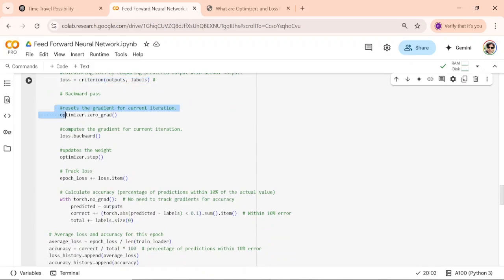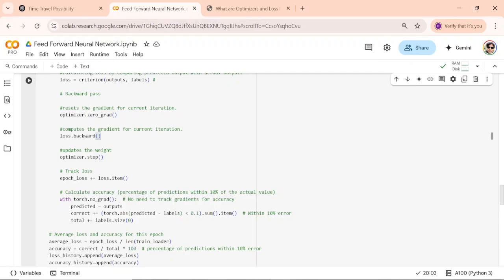And the third step comes, optimizer.zero_grad. This is just resetting the gradient. I'll tell you what the use of that gradient is. So it's resetting the gradient. And another thing, loss.backward. Here it computes the gradient. So what is that gradient?